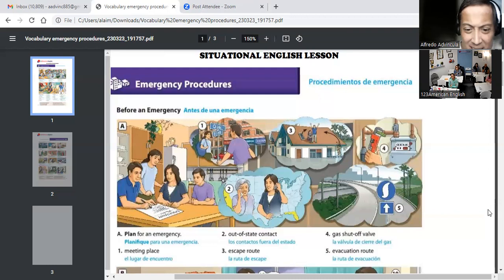All right. The next one we can see in the picture here, number three. What do we see in the picture? Can anybody tell me? Number three is escape route. Let's pronounce that. Escape route. Right? Is it not "route"? Maybe it's by preference. Okay, both can be pronunciations.